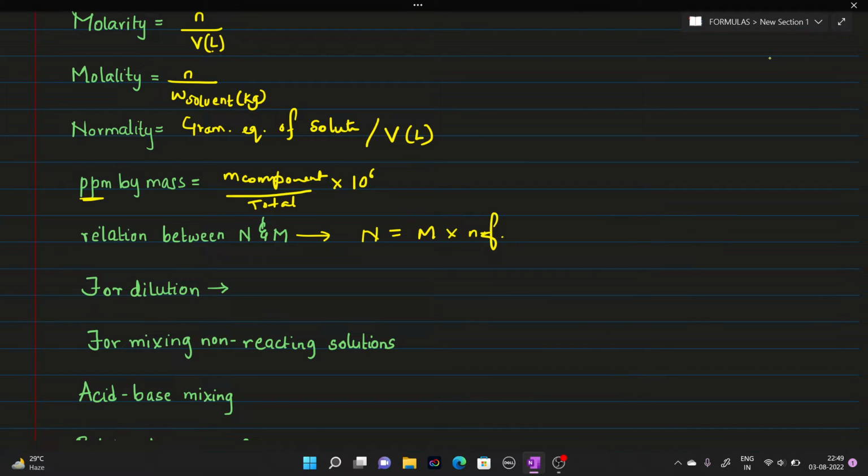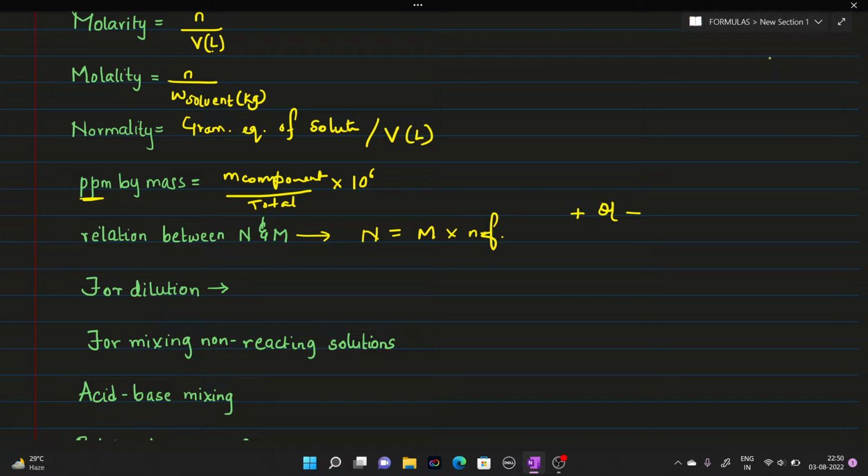N factor, for acids or bases, is the number of replaceable H plus or replaceable OH minus. Similarly for ions, it is the total positive or negative charge present on them. These are all the n factors used.